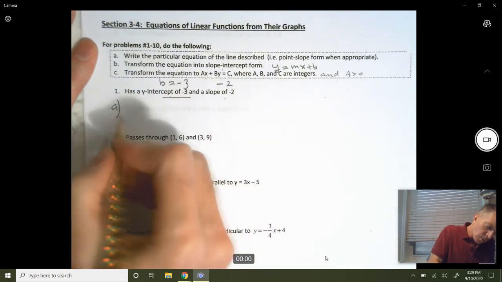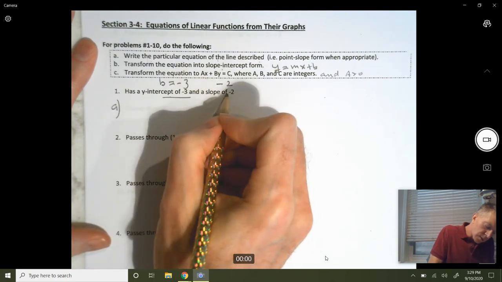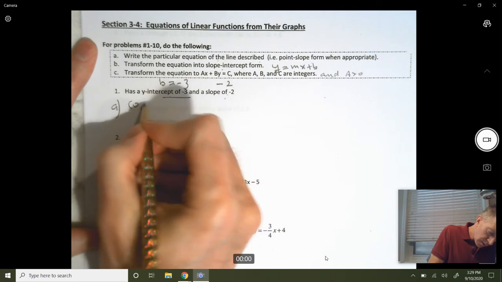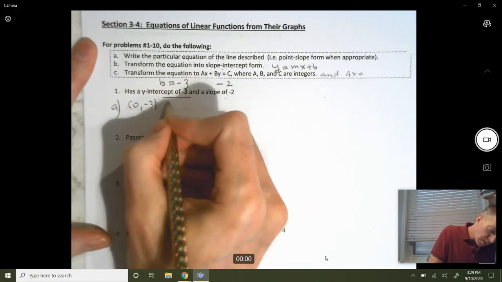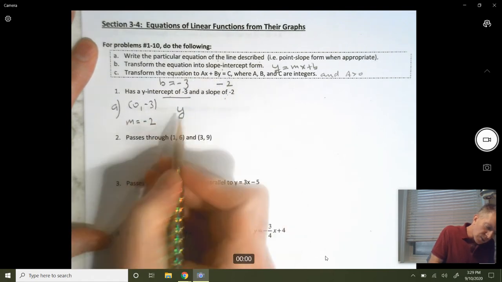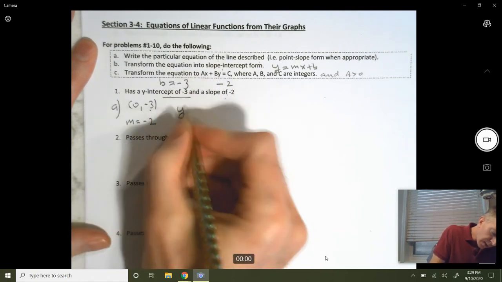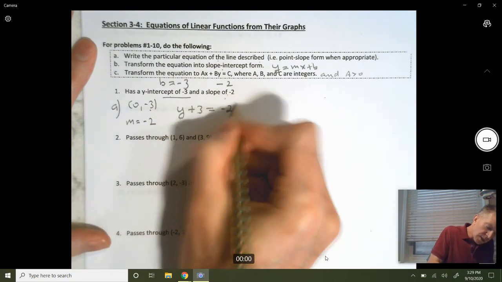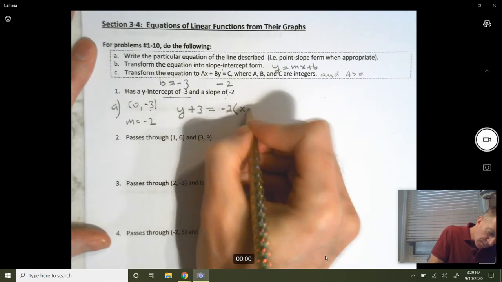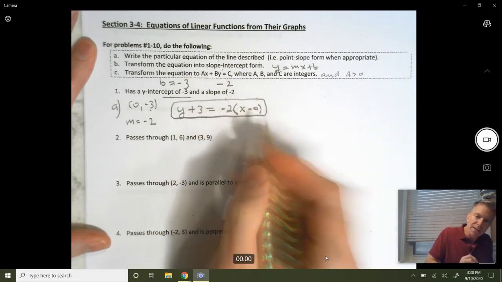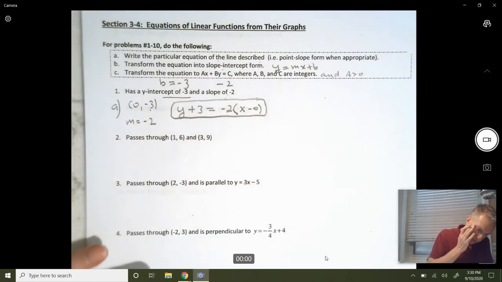Our point is going to be (0, -3), and our slope is going to be -2. So y minus y1, y plus 3, equals your slope, -2, times x minus 0. And you don't need the minus 0. If you left that off, that's not incorrect.